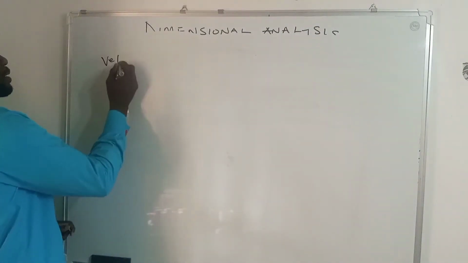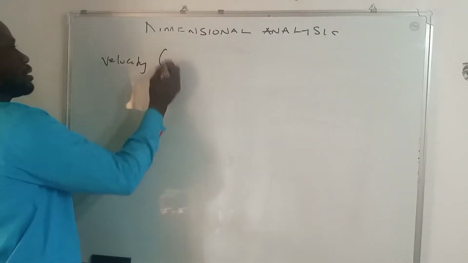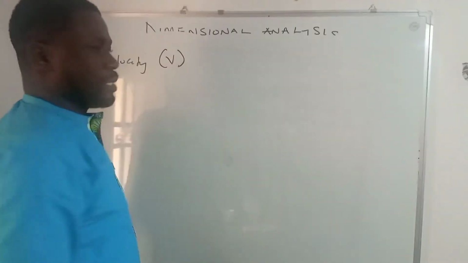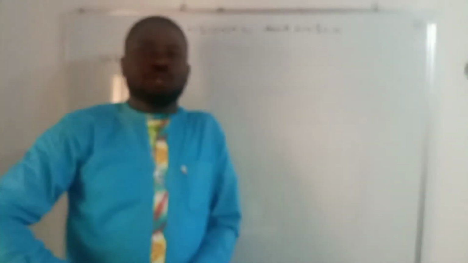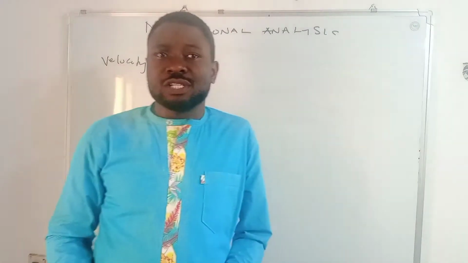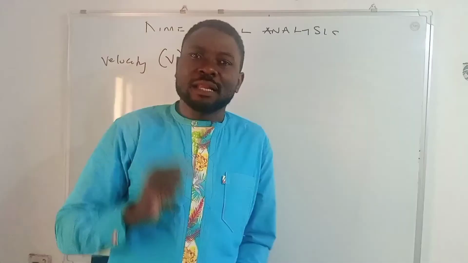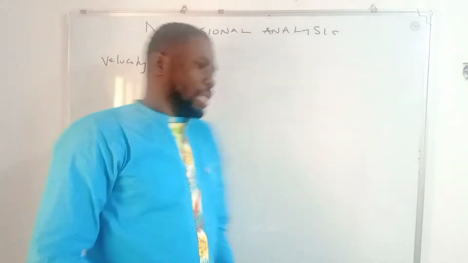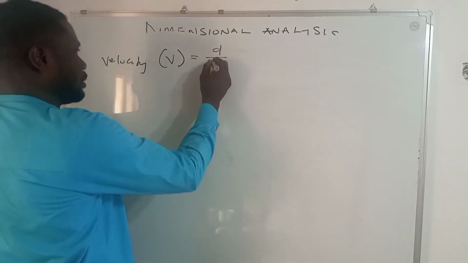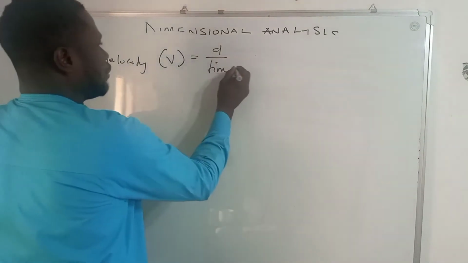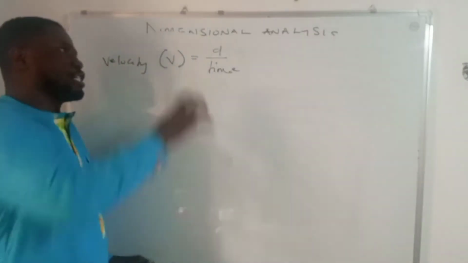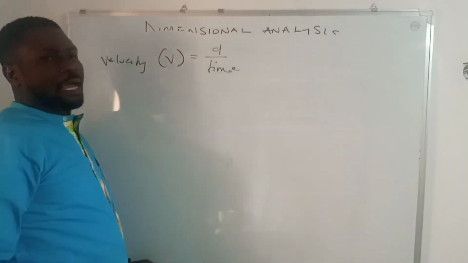Velocity, for instance, is always designated with letter V. We want to know the dimension of velocity. If you want to get the dimension of velocity, then you have to remember the formula of velocity. Now, velocity is defined as displacement all over time.